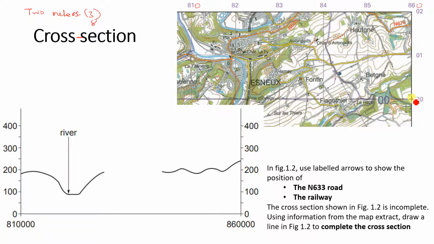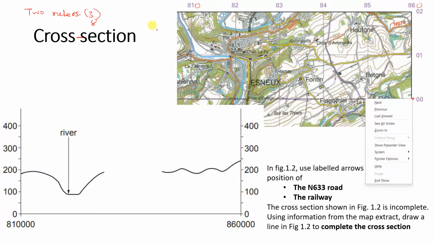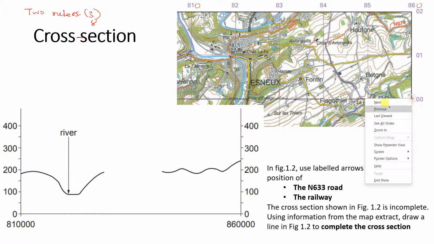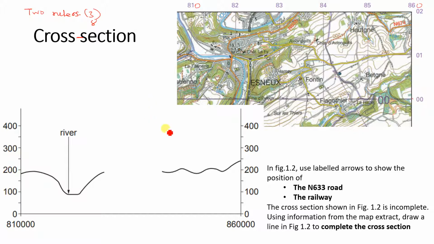So it's here. 810 is here, 000 is here. So that's the point. Definitely what that means is the distance from here to this point is this straight line.